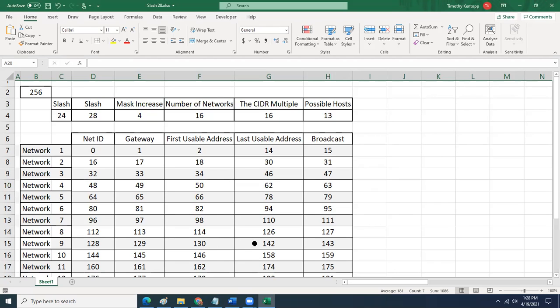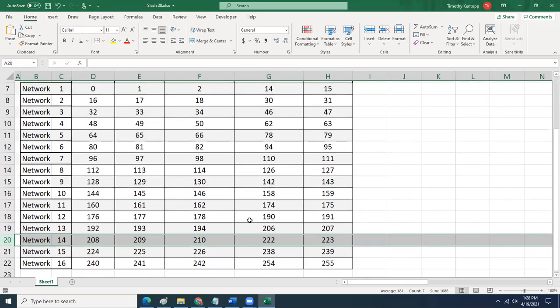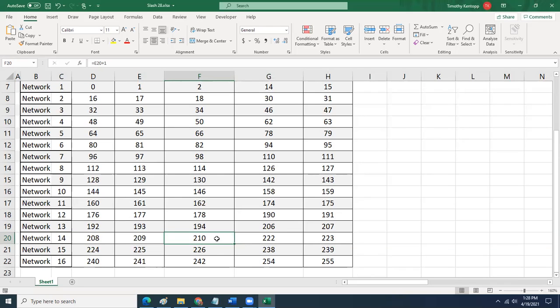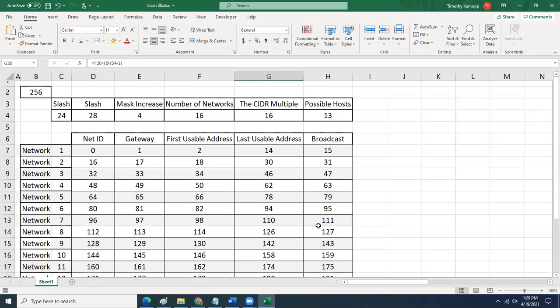So I have smaller networks, and after I perform CIDR, that same client ending in .211 can only see clients with addresses that start with 210 and end with 222. There's only 13 possible network hosts in that network.